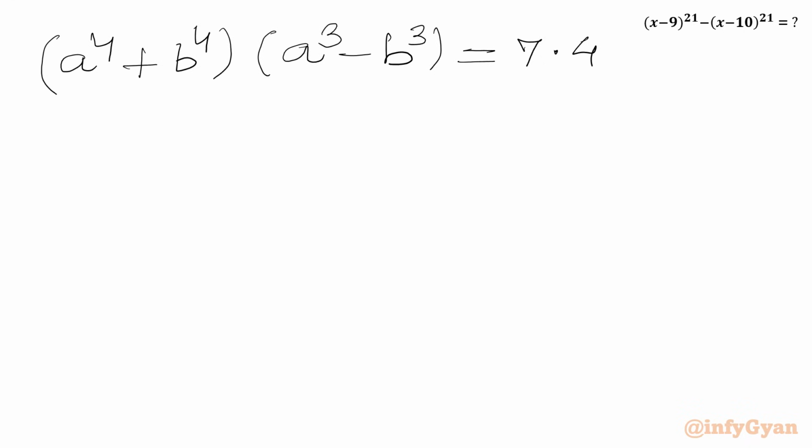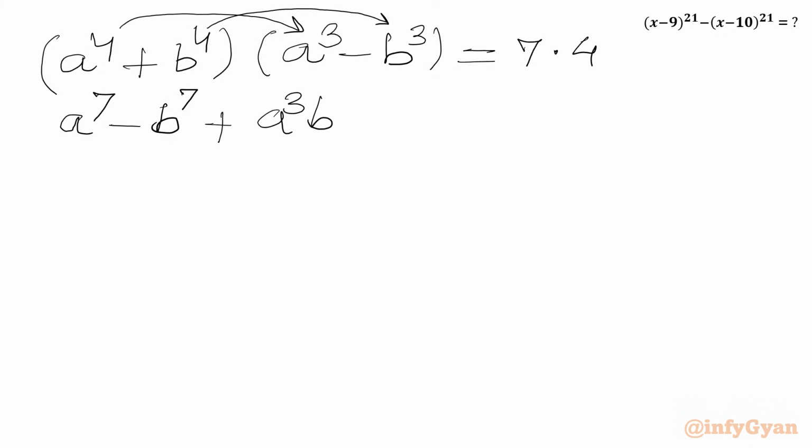Let's multiply. We'll get a power 7 minus b power 7, then the cross product terms would be a cube b power 4 minus a power 4 b cube equal to 28.